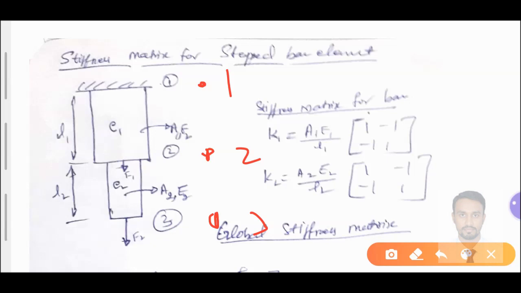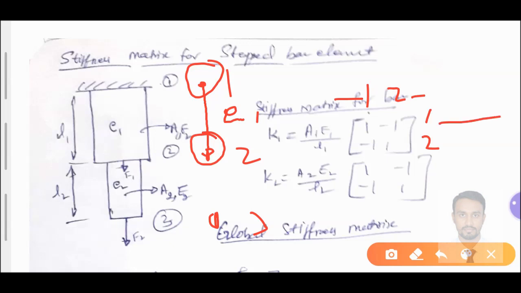Element number 1 starts from node number 1 and ends at node number 2. That means I will give the name of the first row and first column as 1, because it starts from node number 1, and it ends at node number 2, so the second row and second column I will name 2.